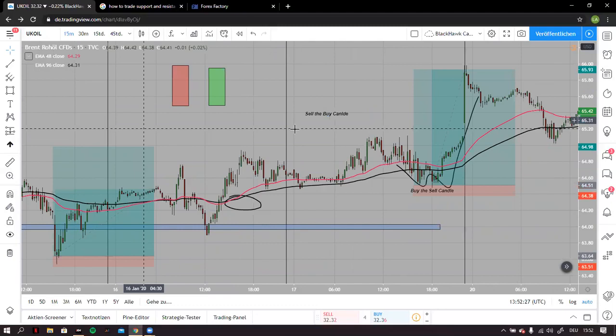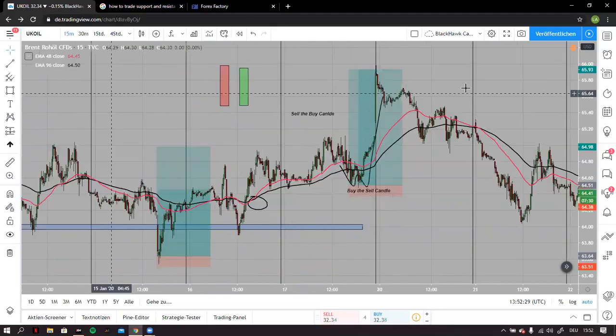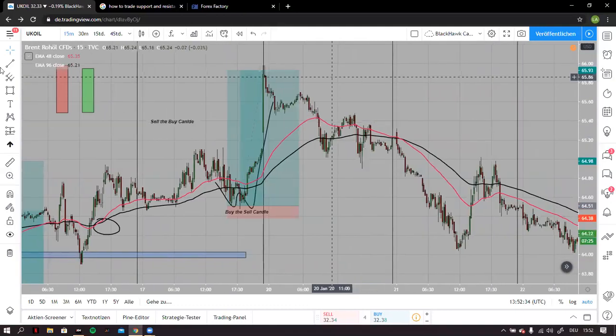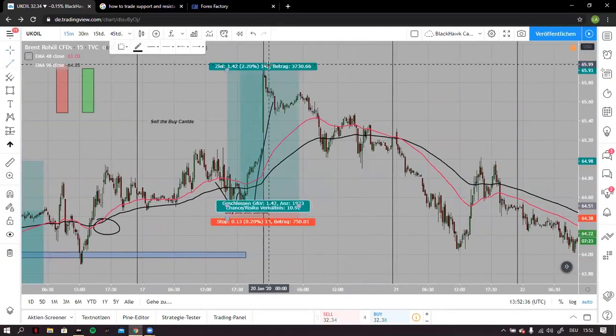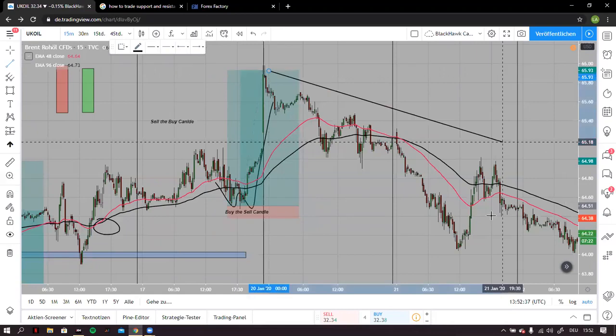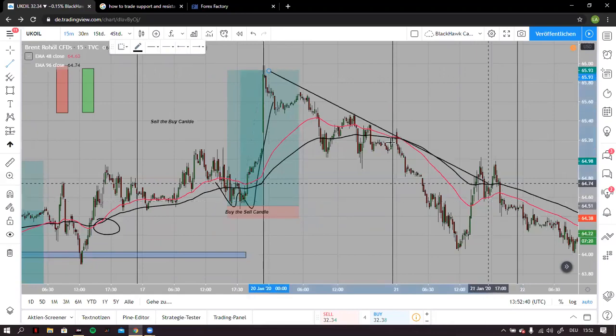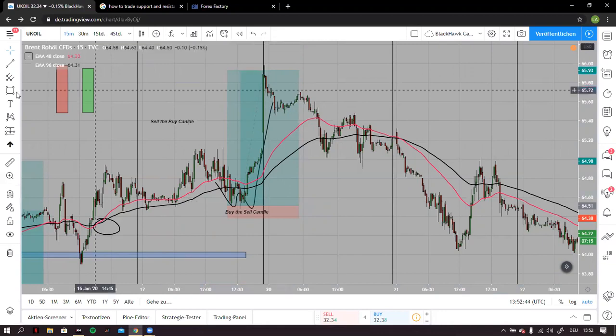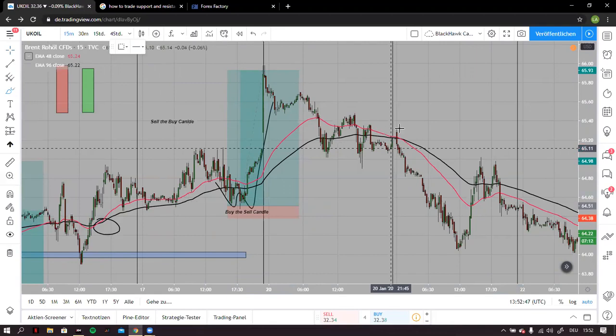So let's have a look for another one like this. This would be here also legit. Let's delete this one. We don't need this here. DMA crossover.